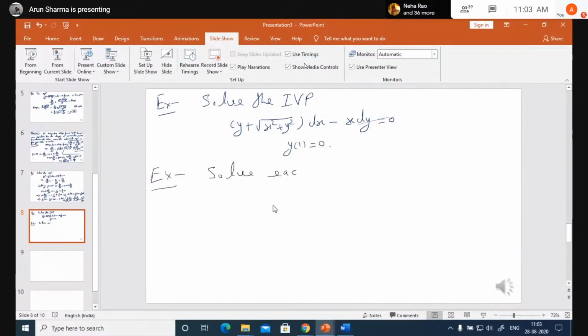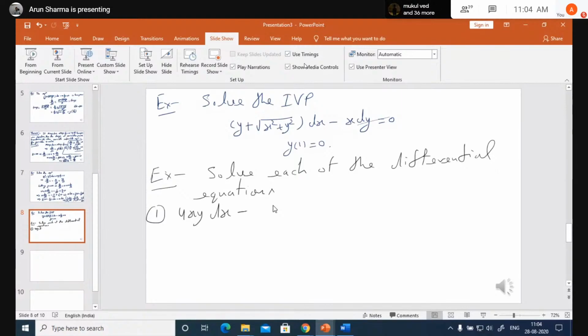Exercise. Solve each of the differential equations. First: 4xy dx plus x square plus 1 dy equals to 0.